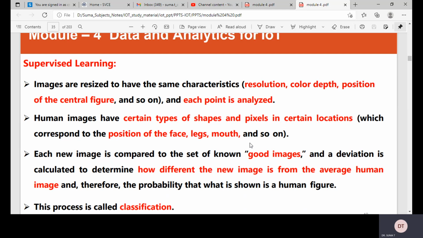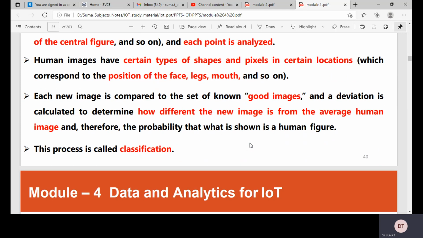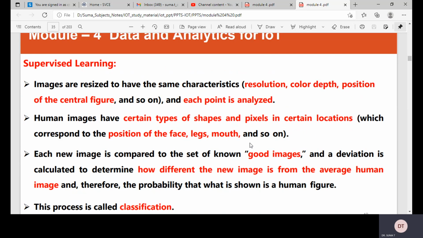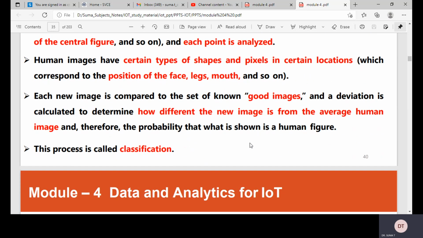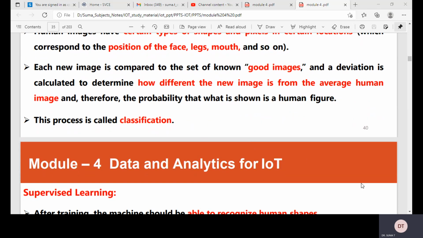When we compare these different positions of the face, legs, and mouth, we can easily identify whether it is the shape of a human being, an object, an animal, a rock, a piece of wood, or any other object. Okay, that is what we call supervised learning. When you input the trained data, we call that supervised learning.